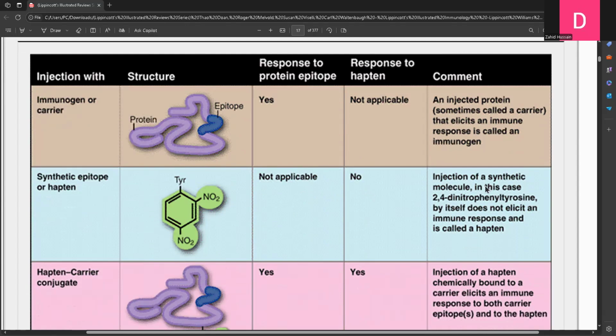Injection of a synthetic molecule, in this case 2,4-dinitrophenyl tyrosine, by itself does not elicit an immune response, and it's called a hapten. So against a hapten, there will be no immune response.